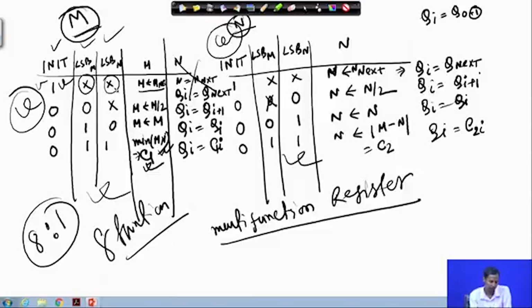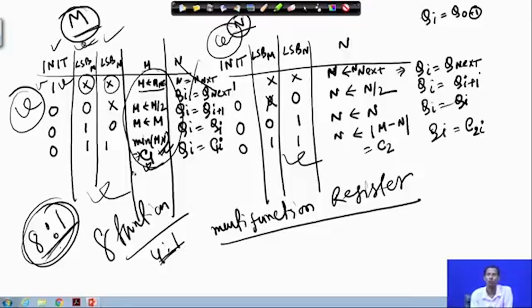So, if I am having these 3 input control signals, then I need an 8:1 multiplexer. But I am having only 4 functions to implement. So, why go for this 8:1? I can have only a 4:1.